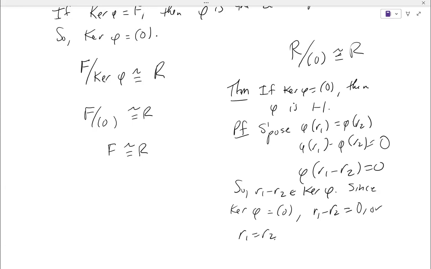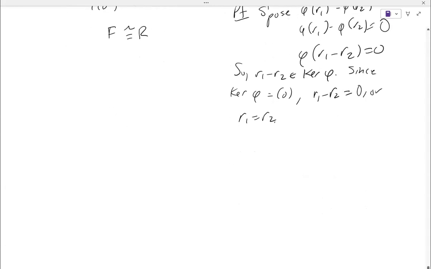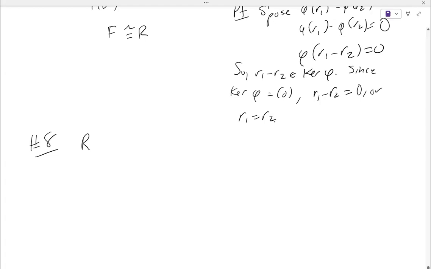All right, so let's do a couple more examples here. Let's look at number 8. R and S are rings.